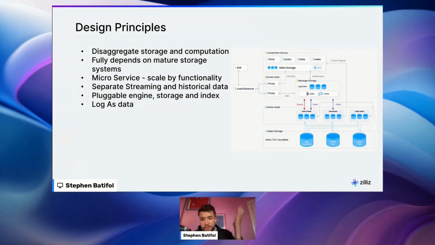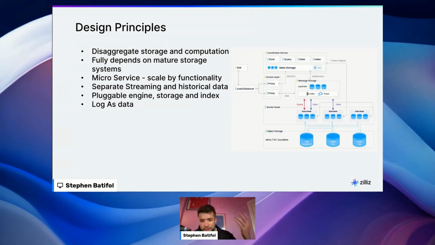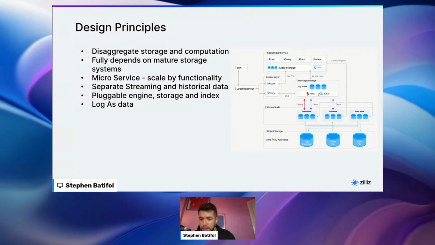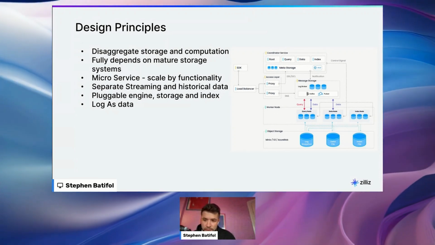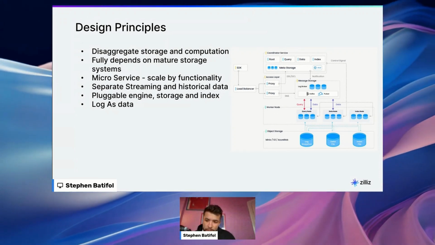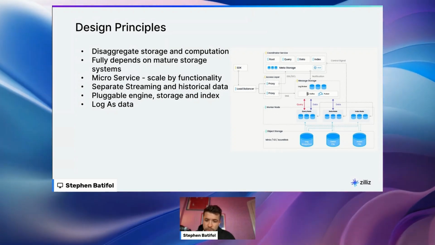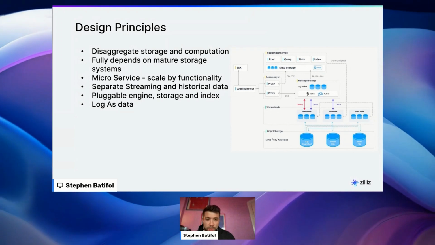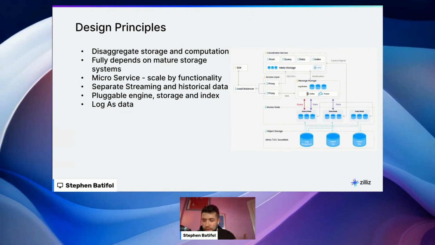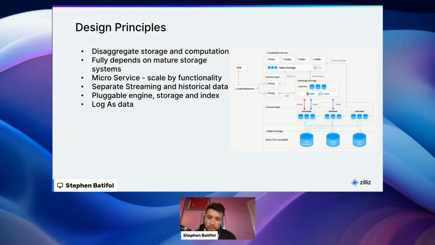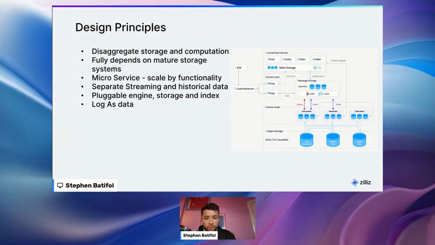Maybe you want to scale up your data node so that it can process everything, but you don't need to scale up your query node because you're not running any queries at the moment. Everything is independent, so if you have a lot of data coming, you won't struggle with it, and it won't have an impact on your index or on your queries.